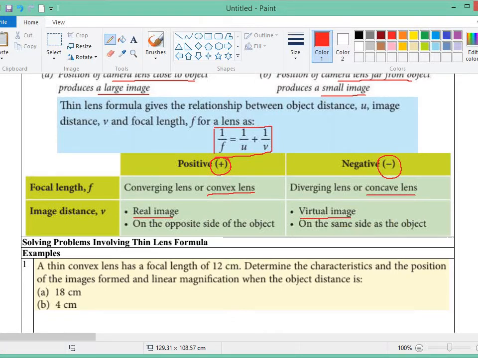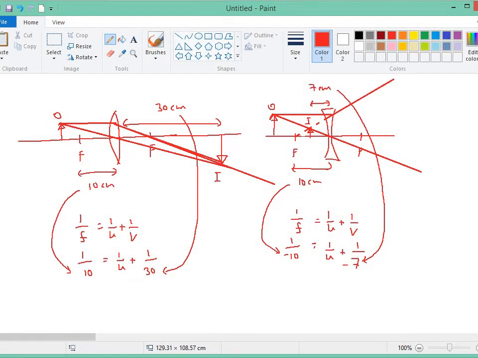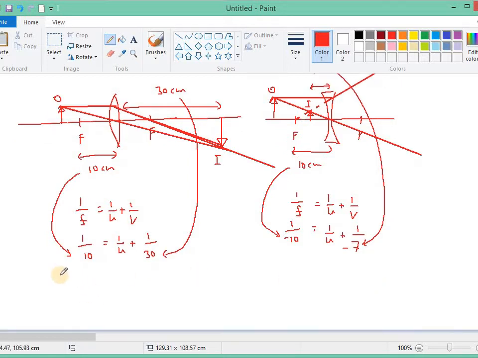This is also something that we learned in a previous topic. In the previous topic, we learned that all real images are inverted, and all real images are also at the opposite side.